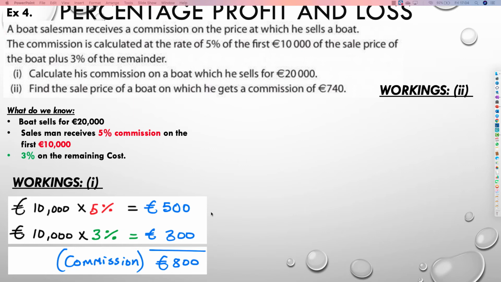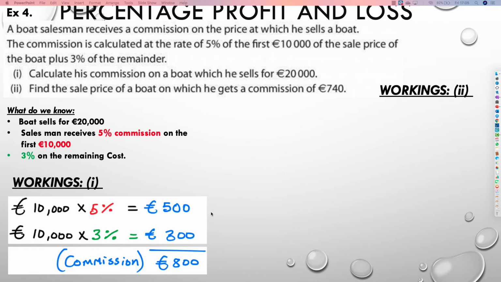Find the sale price of a boat which he gets commission of 740 euro. How are we going to do this? Not a clue. Right, first question I'm going to ask you. Is it more or less than 20,000?